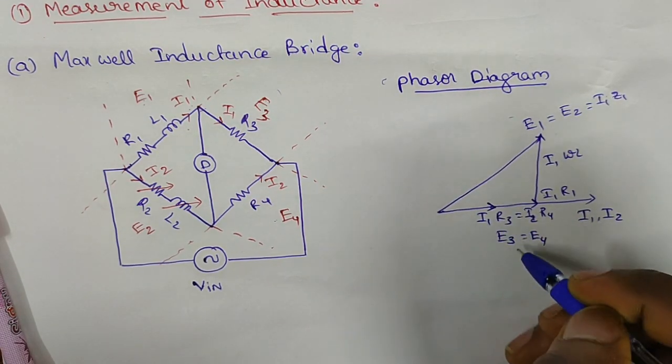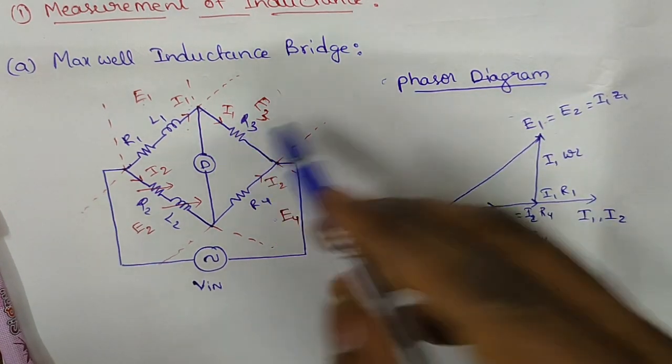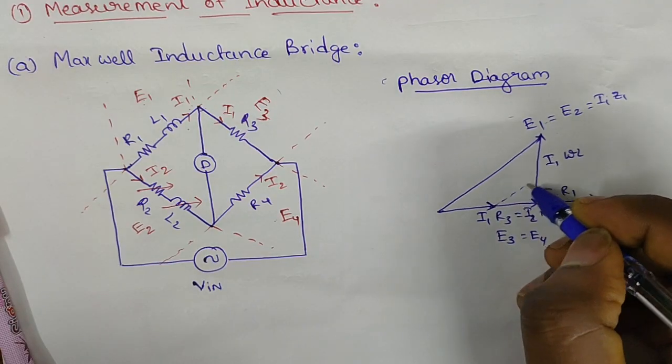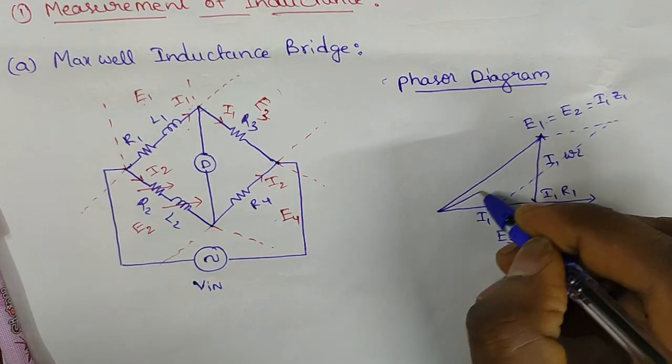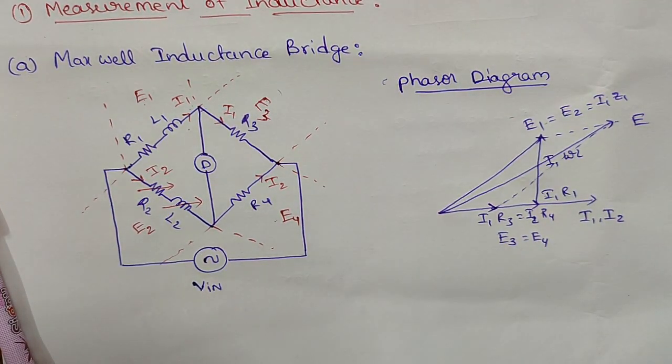At this point E3, E4 and E1, E2, the resultant will be the total voltage.